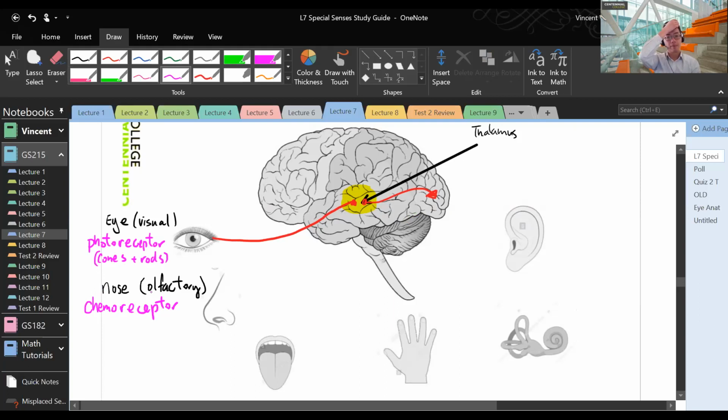Exactly. Smell would bypass the thalamus, and it would just go directly to the temporal lobe.